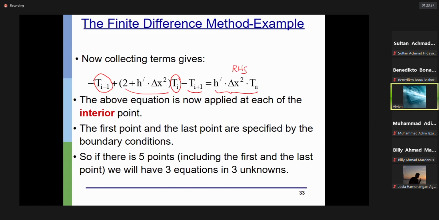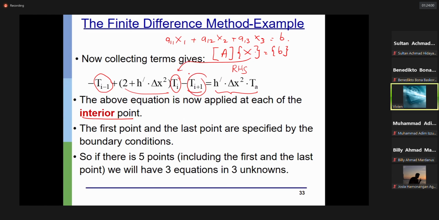Again, when we have this one, we can apply it to the interior points of the domain, so what we have will be a11 x1 plus a12 x2 plus a13 x3 equals P. Back again to what we remember when we solved sets of linear algebra equations, we have the coefficient matrix A times the vector of unknowns X equals the right-hand side P. The unknown here will be the temperature.